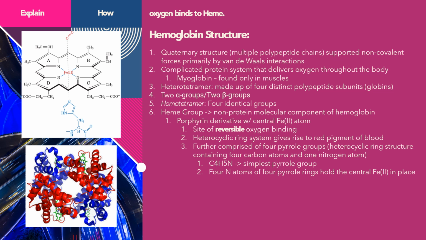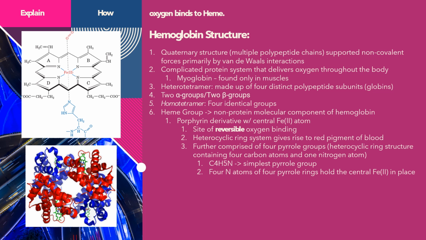The heme group, which is the other major structure in this molecule, is a non-protein molecule. It's these green structures, like I said, and those green structures are made up of porphyrins, which, most importantly, have a central iron ion within them, which is the actual binding site of the O2 molecule.